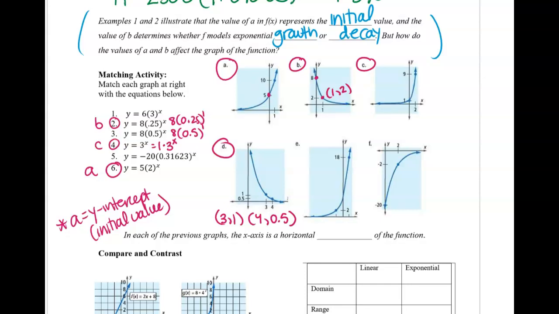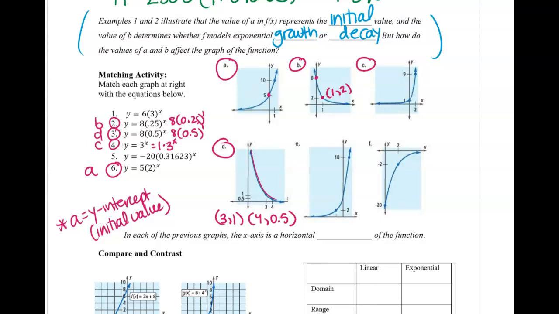Thank goodness, because we don't have to plug these numbers in. Let's see, is it decaying or growing? All we have left, except for the initial value of -20, which can't be this one, is 6 times 3 to the x and 8 times 0.5 to the x, and the only one that's decaying is 8 times 0.5 to the x, so that must go with D.